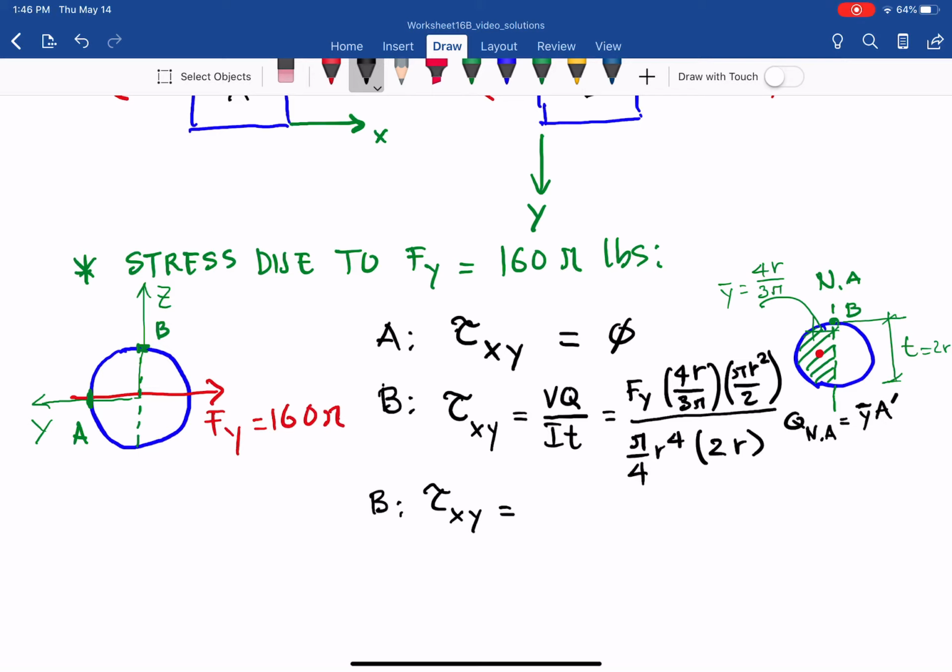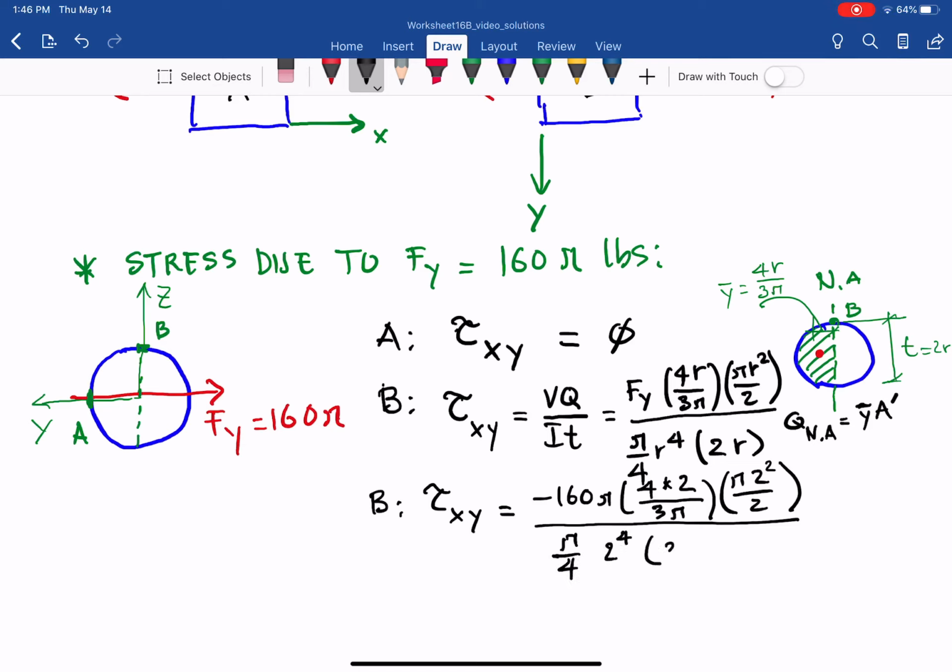So we plug the numbers in. We have tau xy for point B equal to Fy, which is opposite to y, so 165 negative, times 4 times 2 over 3 pi, times 2 squared over 2, over pi over 4 times 2 to the power 4, times 2 times 2.